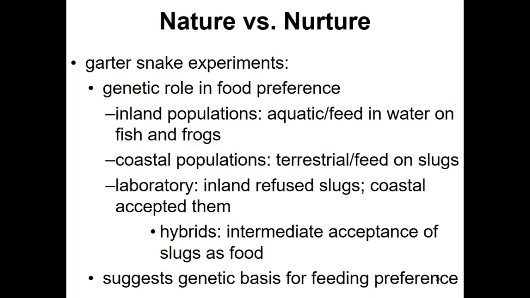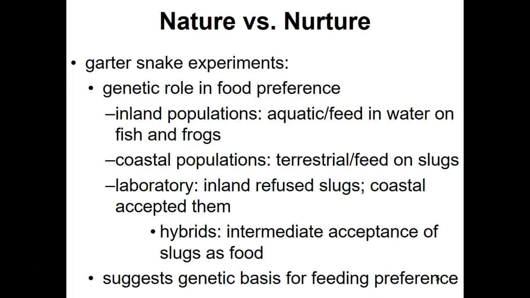Here's another nature influences behaviors experiment. If you take garter snakes from different environments, they have a food preference based on their genes. Inland populations will eat fish and frogs, whereas coastal populations will eat slugs.